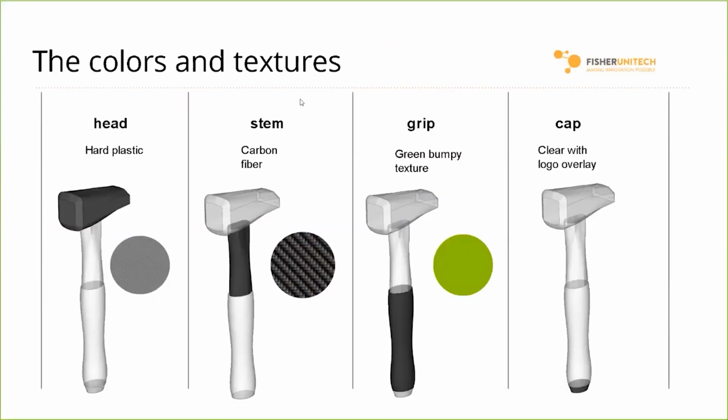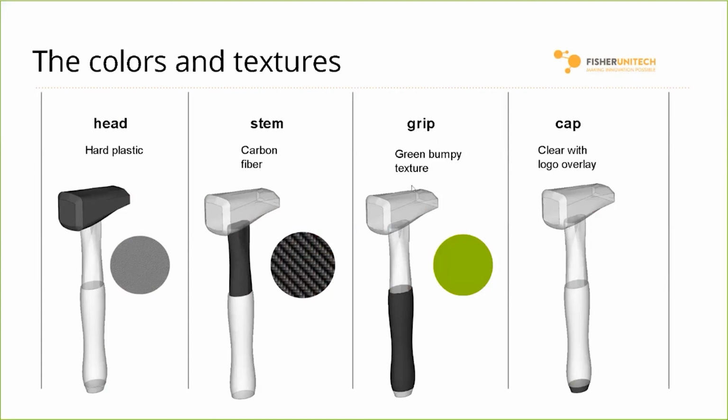So here are the colors and textures that I'm designating. The head of this mallet is going to be a hard plastic texture. This stem, I'm calling it, let's do some cool carbon fiber. What car buff doesn't like to see some carbon fiber?